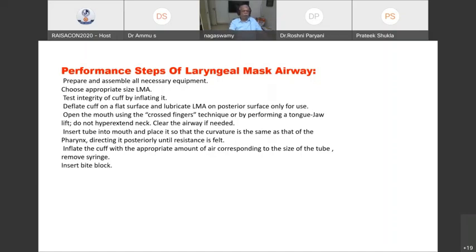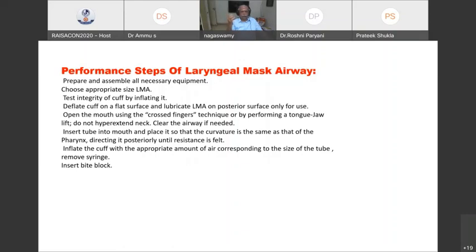So earlier we were using a bite block also. Do the current generation LMAs require any bite block? No, sir. They come with a bite block. That is the improvement. That is why we call them first generation, second generation, and third generation, because earlier it was not there. The patient can bite the tube and occlude it, especially with the LMA Classic.